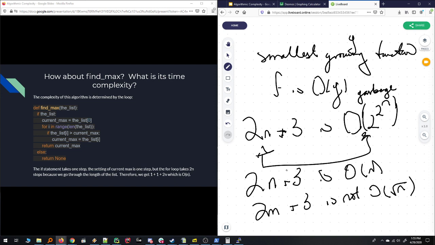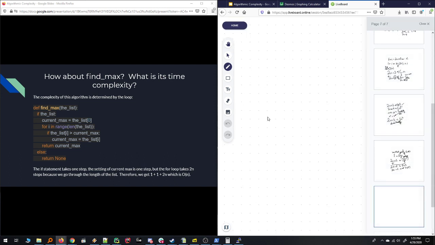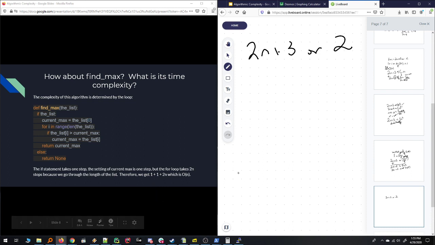Okay, let's talk about omega for just a second. Remember that the algorithm performs in either 2n plus 3 time, or if it goes the other way and just returns none, it performs in 2 time, right? So what big omega should we use to describe this algorithm?